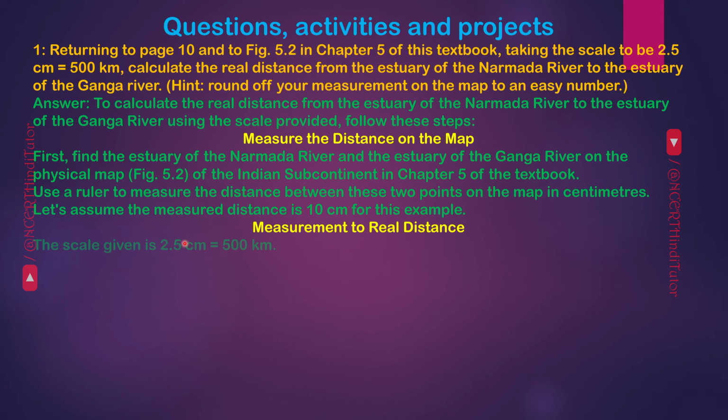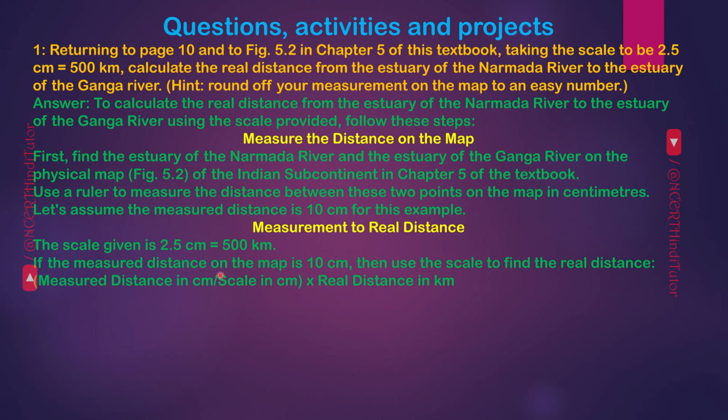Measurement to real distance. The scale given is 2.5 cm is equal to 500 km. If the measured distance on the map is 10 cm, then use the scale to find the real distance. Measured distance in centimeter divided by scale in centimeter multiply by real distance in kilometer. So, 10 cm divided by 2.5 cm multiply by 500 km.